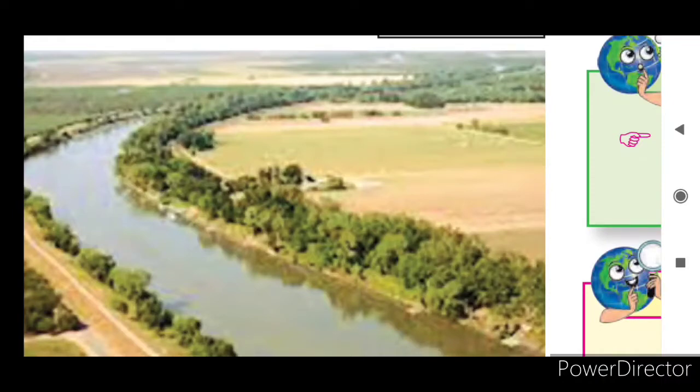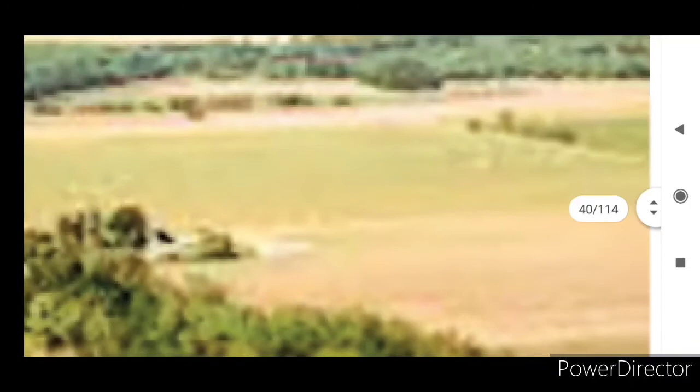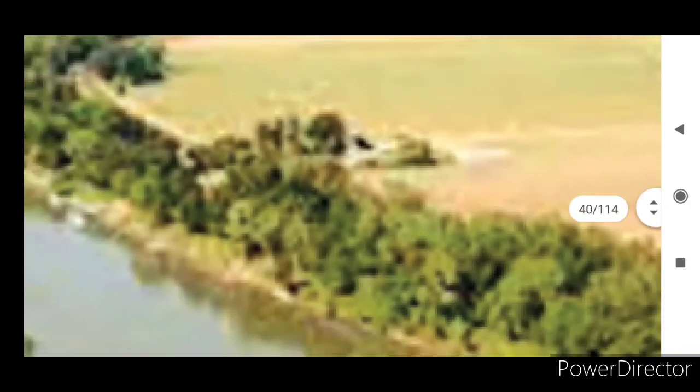Suspended sediments get deposited at the places where the flood water reaches, perpendicular to the flow of the river. This region is called floodplain. We can see the picture here. Like that, plain regions are formed. This is called floodplain. Floodplains are very fertile land, good for agriculture.